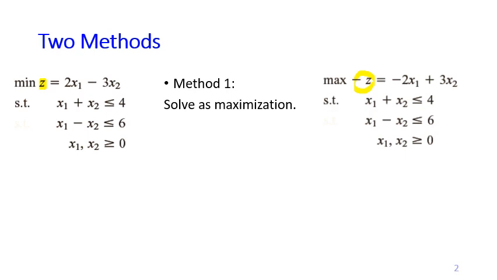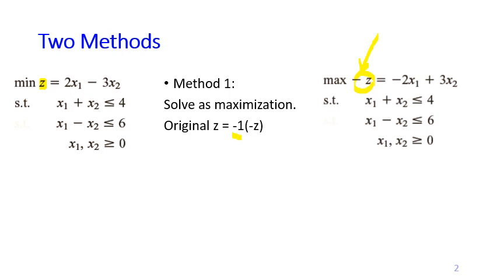But don't forget, at the very end of your solution, if you want to have the original value for z, you need to multiply what you obtain here. When you solve this problem, you will obtain the objective function value as -z. So if you want to return the value into the original z, do not forget to multiply it with -1 at the very end after you finish all the computation.